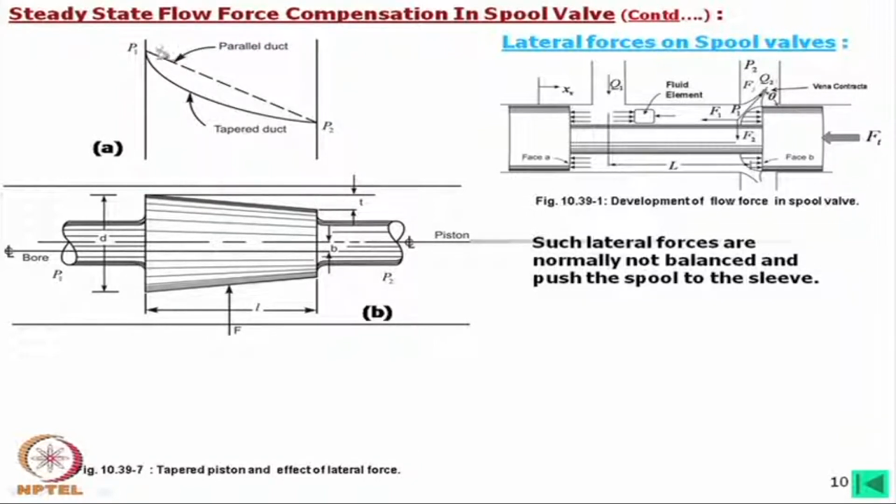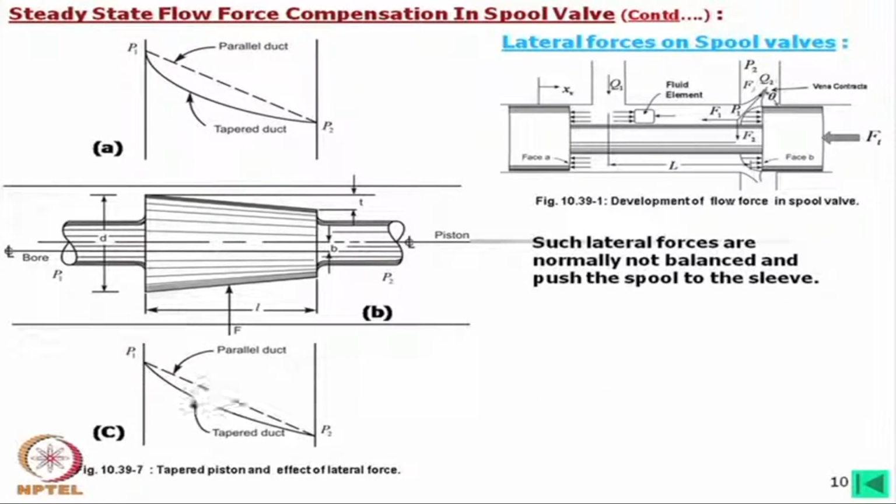If we look into that, in case of a parallel duct, P1 and P2 are like that, and the pressure variation will be like that. If it is a tapered duct, then the pressure variation will be like this, and you can definitely see that, instead of a parallel duct, this will generate a force. This is due to this non-linearity.